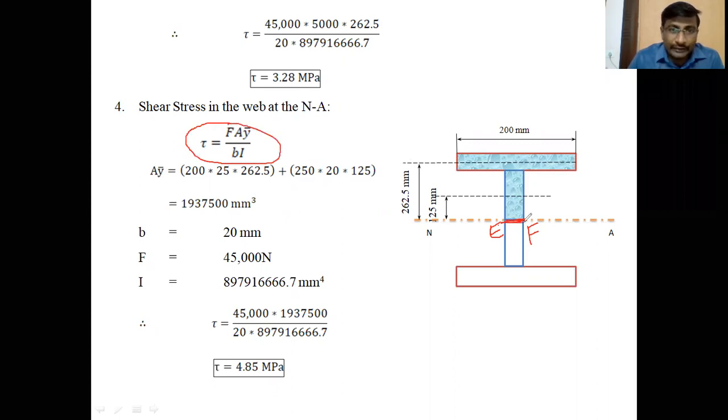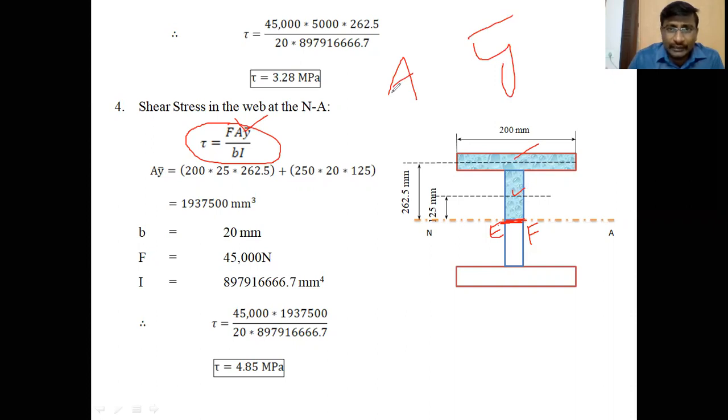While applying the formula F A y bar by B into I at the neutral layer, A y bar should be taken for two areas. Here I shaded two areas above the level EF. These two areas, so A y bar should be taken combinedly. If one area is there, area and y bar should be taken separately.